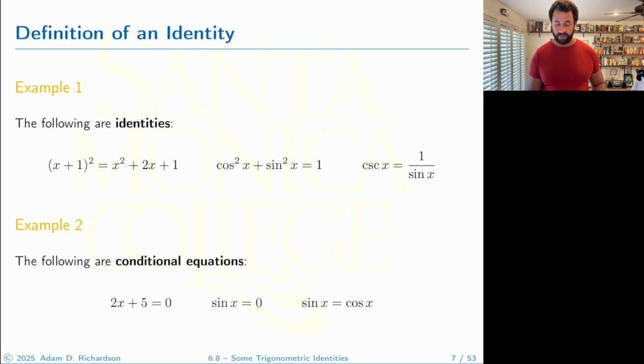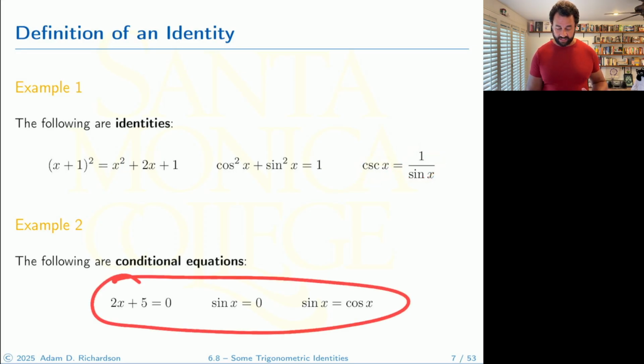You've already seen this one: cosine squared x plus sine squared x equals 1. That is true for any real number x. Here, cosecant of x is 1 over sine of x. That is true for any value of x as long as sine of x is not 0, right? So those are identities, identically equal expressions.